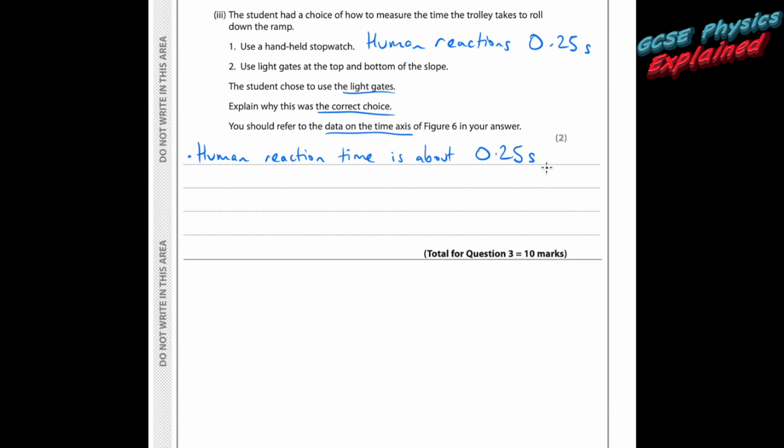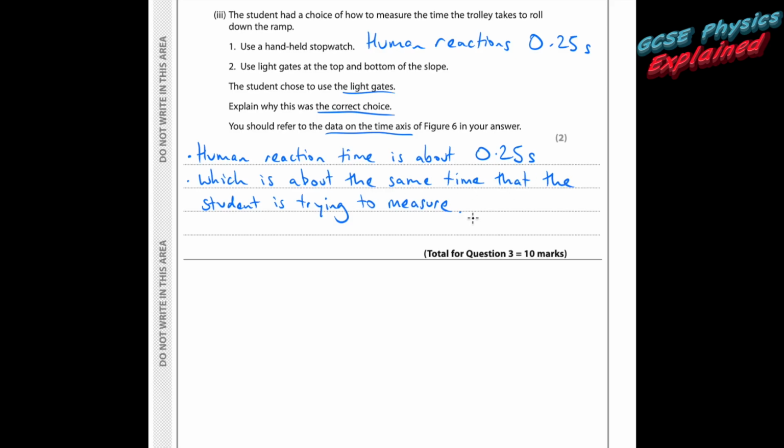Human reaction time is about 0.25 seconds, which is about the same time that the student is trying to measure. Our reactions are not fast enough. That's why he made the right choice to get the computer to do it using light gates.